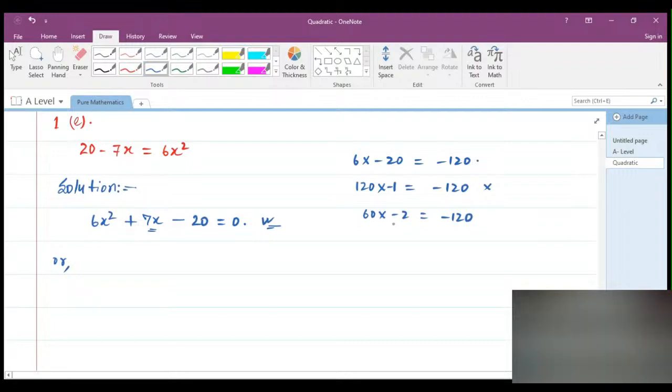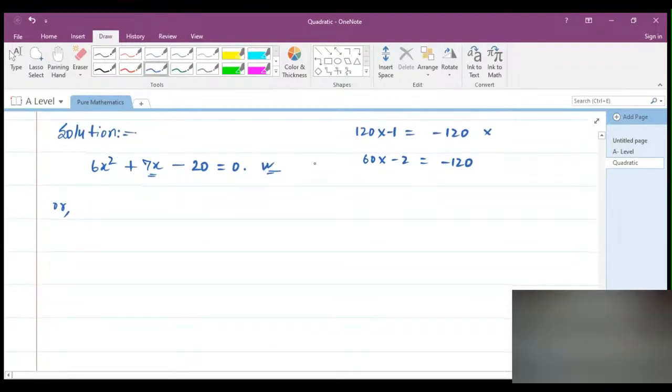Addition will be 7. So let's see, 40 into minus 3. This is also not suitable. 30 into minus 4 equal to minus 120, but the addition will be 30 minus 4 equal to 26.